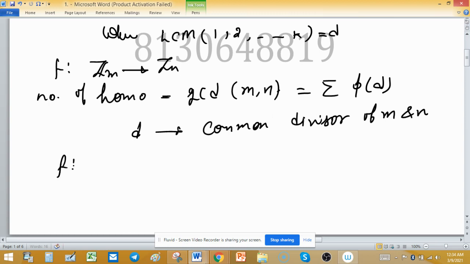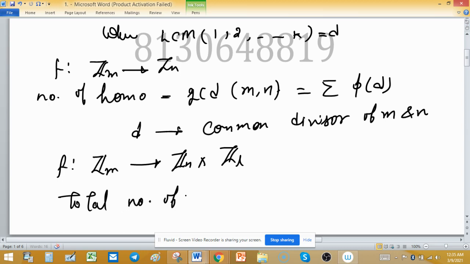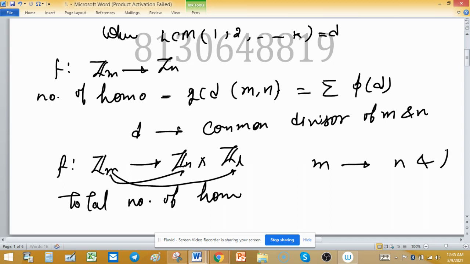If f is a function defined from Z_m to Z_n times Z_l, then the total number of homomorphisms is GCD(m,n) into GCD(m,l).